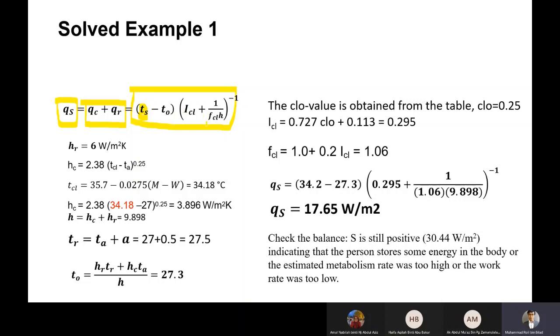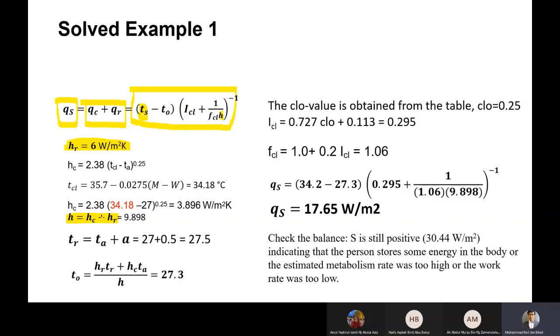So we'll start with H. H is the overall heat transfer coefficient, equal to the heat transfer coefficient of convection plus the heat transfer coefficient of radiation. We know the heat transfer coefficient of radiation is constant at 6 watt per square meter Kelvin.